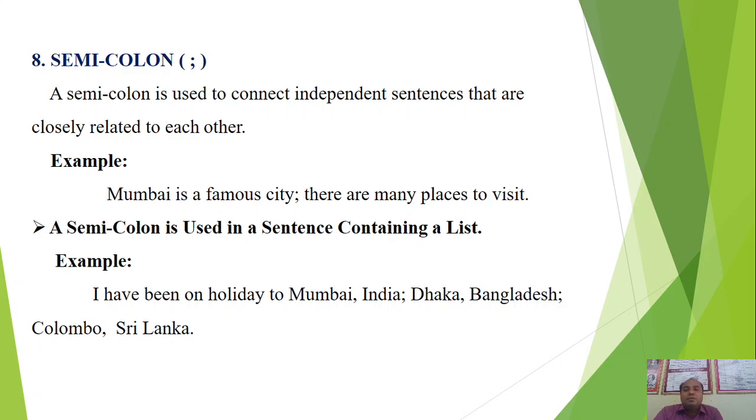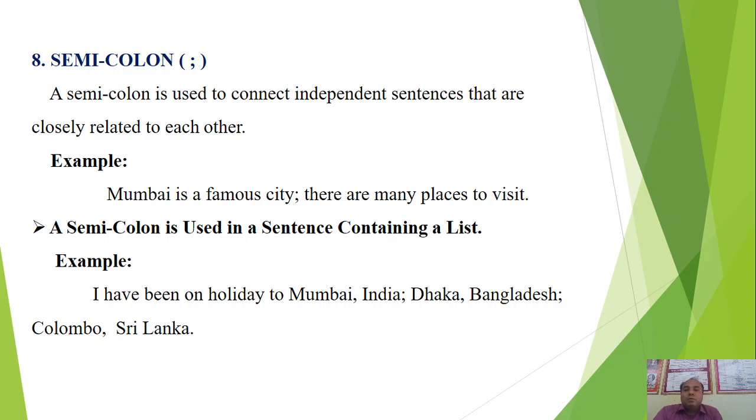The next punctuation mark is the semicolon. A semicolon is used to connect independent sentences that are closely related to each other. Example: Mumbai is a famous city; there are many places to visit. So in the example sentence, the talk is about Mumbai and the various places in Mumbai city.